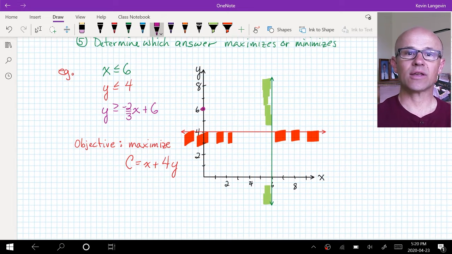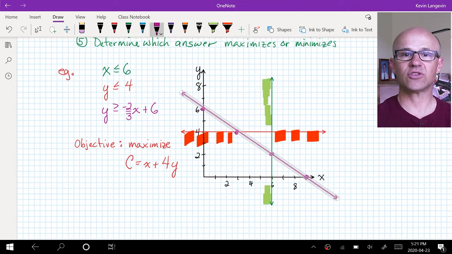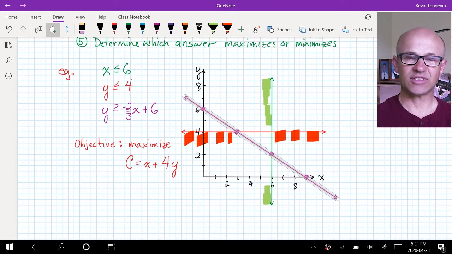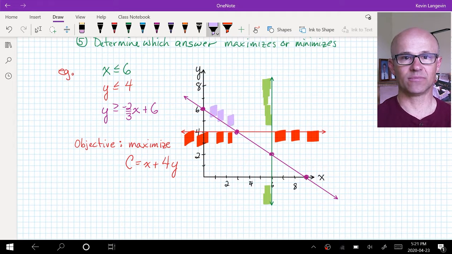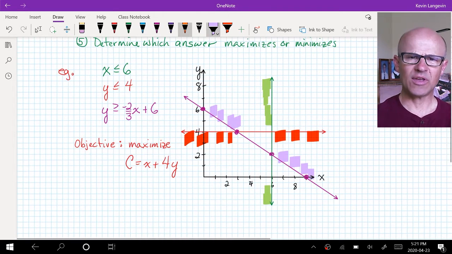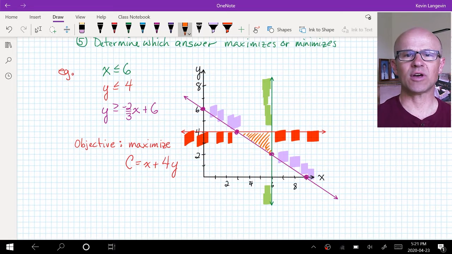And finally, y is negative 2/3 x plus 6. I start at 6, I move down 2 over 3, down 2 over 3. I draw my line through it, use my test point, and here I find that I end up shading above the line. So the common area then would have to be what I'm coloring in orange.